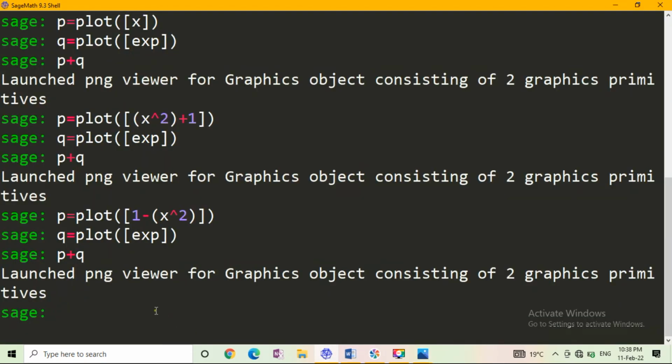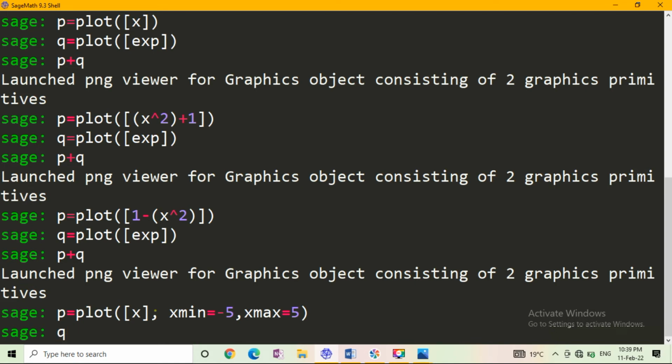Now we come to the graph of cos x is equal to x. So p is equal to plot, in parenthesis you write x in square brackets, and give x min is equal to -5 and x max is equal to 5. You may give any minimum or maximum value, it doesn't matter.